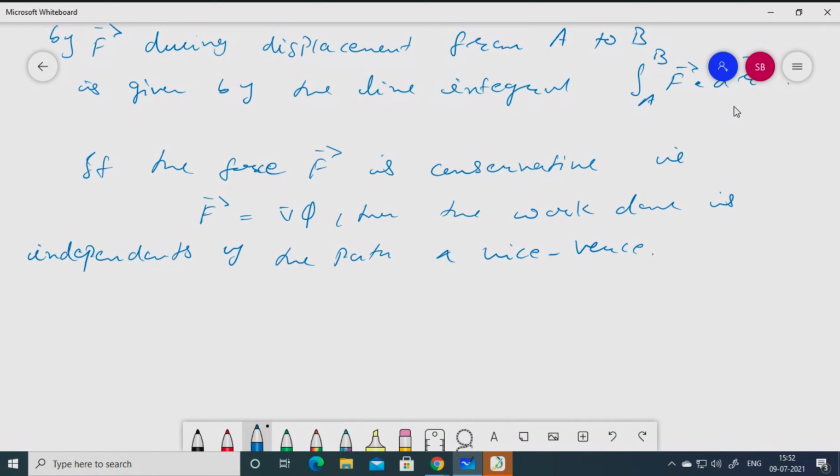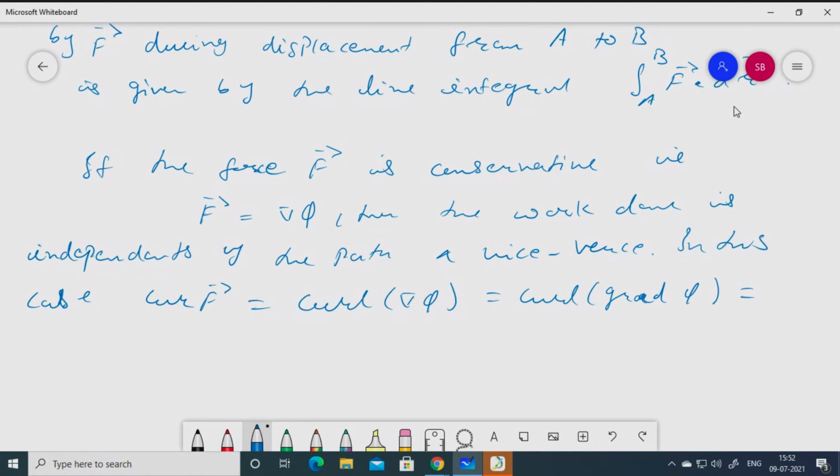This is one thing. And in this case, what will happen? Curl of f bar will be equal to curl of, what is f bar? Del phi. Del phi means gradient of phi. And what will be its value?